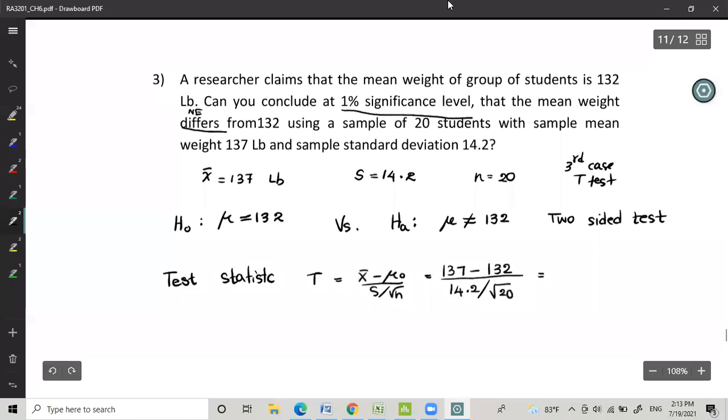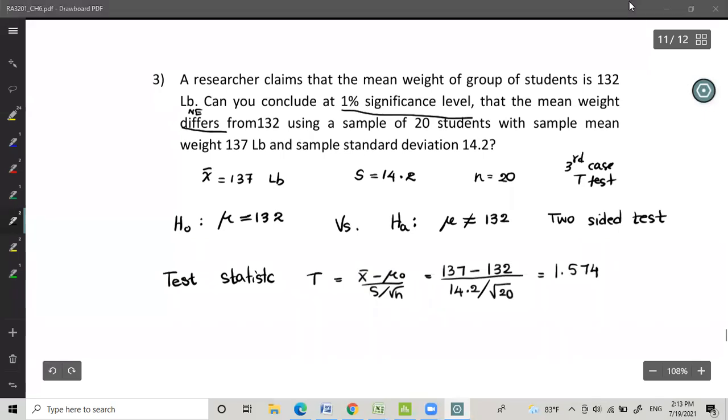I think I got the answer. What was it? 1.5738, 1.57. Okay, so 1.574. Right, so that is the test statistic.